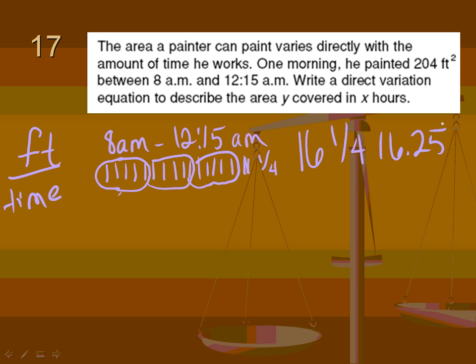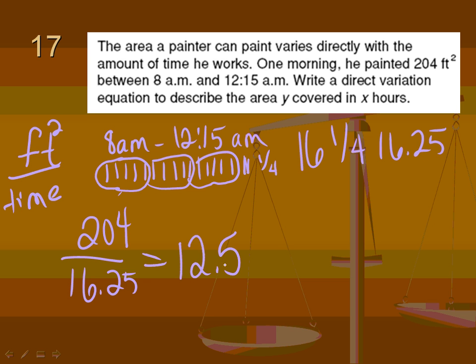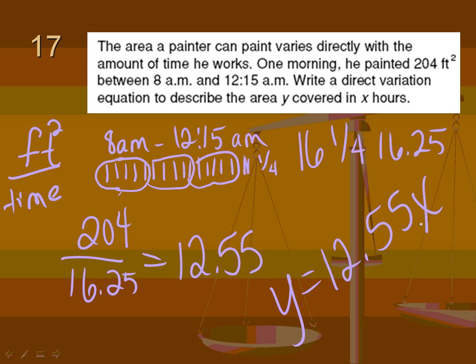The total square feet that he painted was 204 feet squared over 16.25. That will give me the constant of variation, rounding just a little bit, of 12.55. So my equation that I would write is y equals 12.55x.